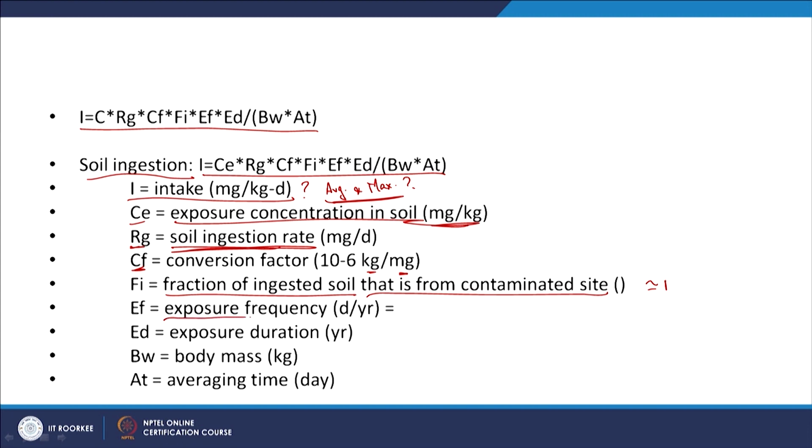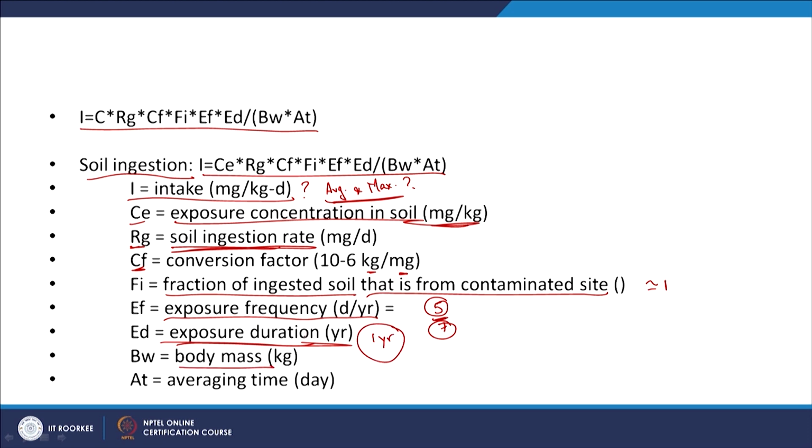And exposure frequency again depends from case to case, and here we are going to choose a particular value. Let us say people are working 5 days out of 7 days and so on. Exposure duration, I believe we are going to look at over one period, 1 year.